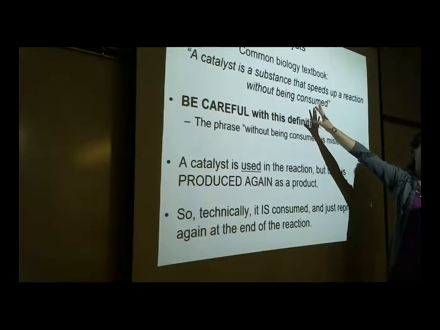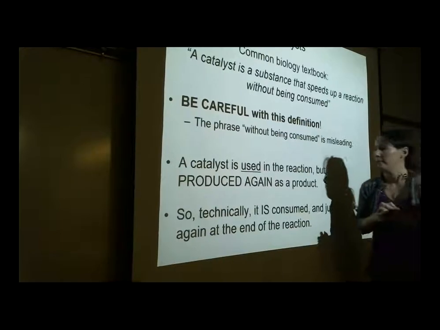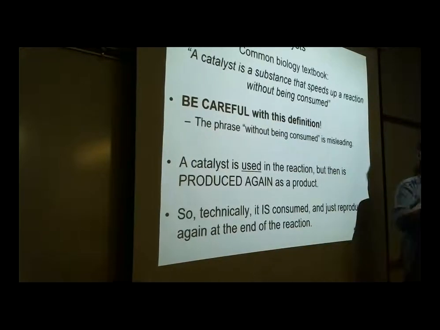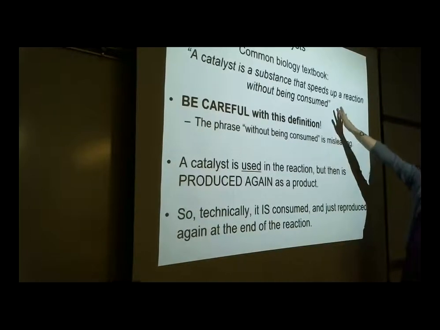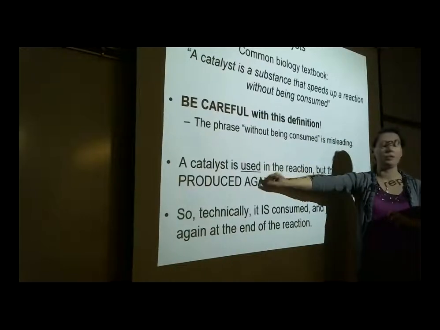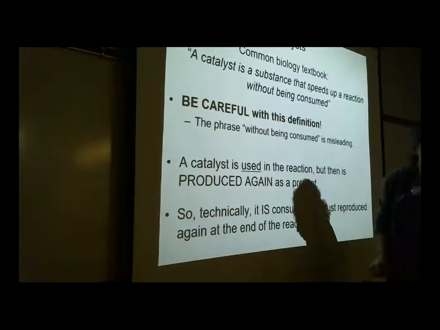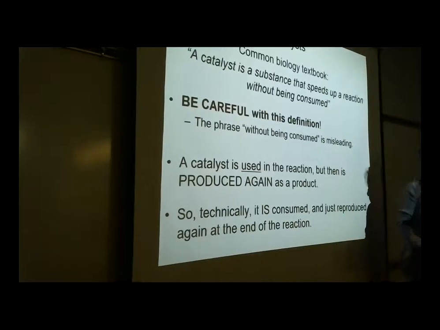Because a lot of times, the enzymes in your stomach that speed up digestion, those are proteins. Those engage with your molecules differently than a chemical catalyst does. Okay, so just make sure that you're really, really careful with definitions like this, because a true chemical catalyst does get used and then it gets produced again. So we're going to differentiate between a chemical catalyst and an enzyme in a minute.